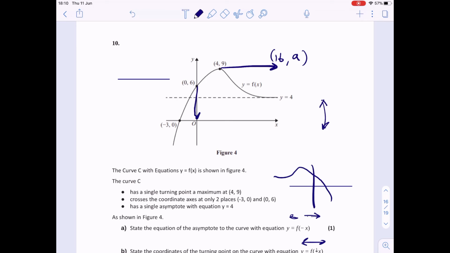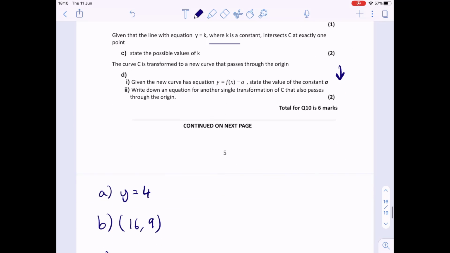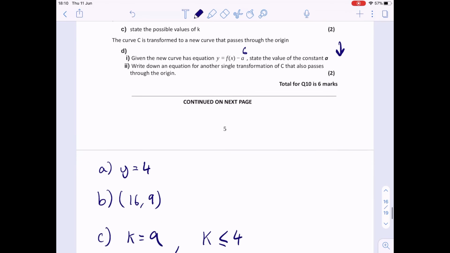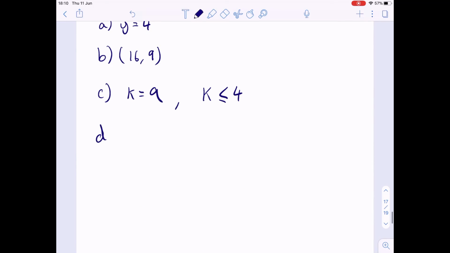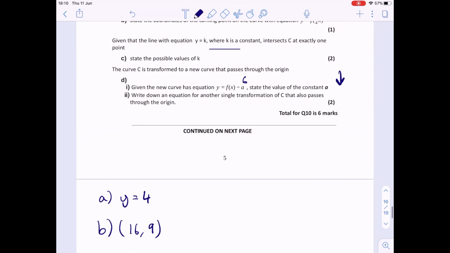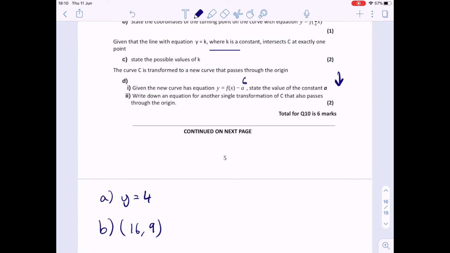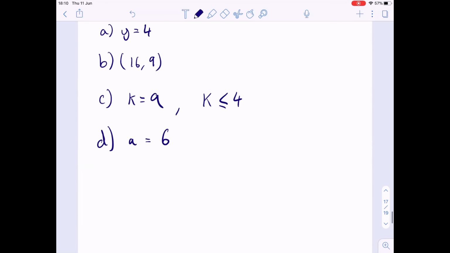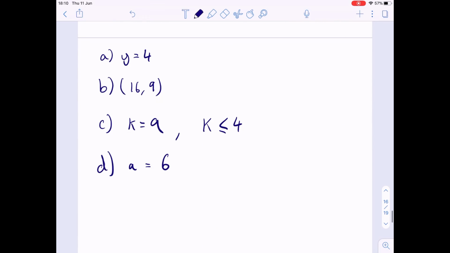So this will mean this needs to travel 6 downwards, so a is going to equal 6. A little note that it would not equal minus 6 because the minus is already there for us. So this would be our answer to part I.